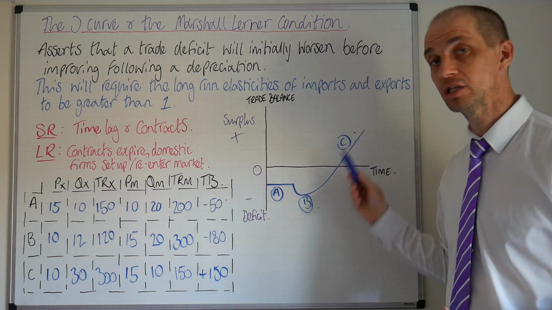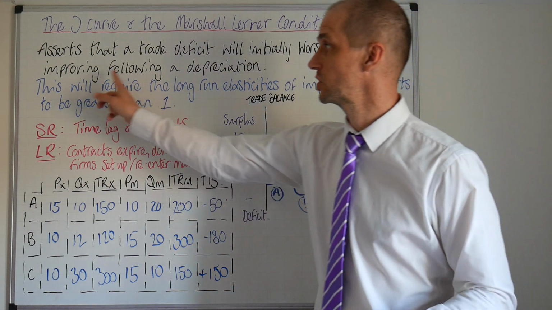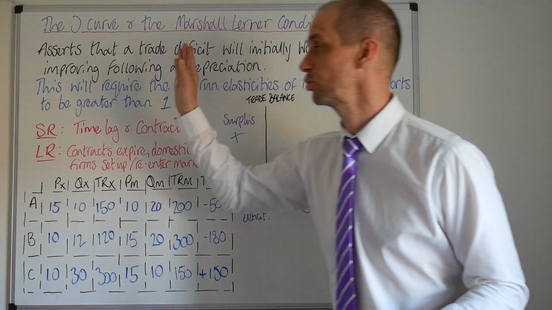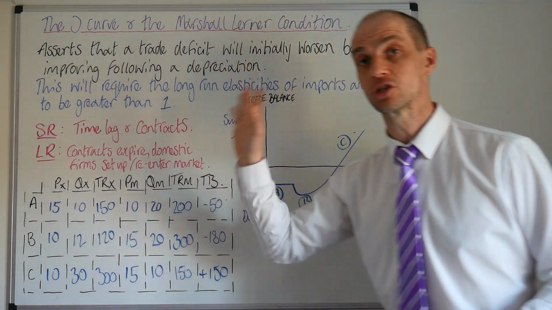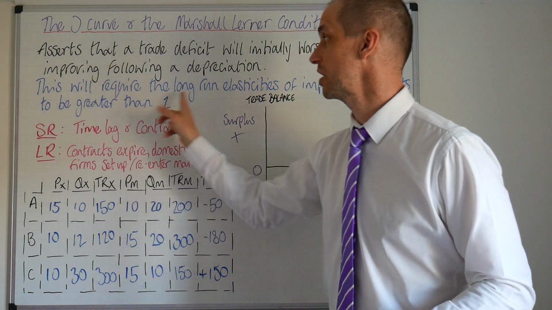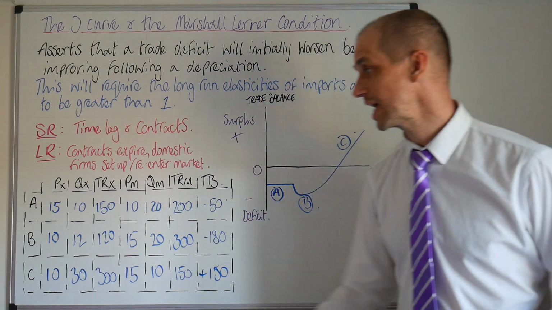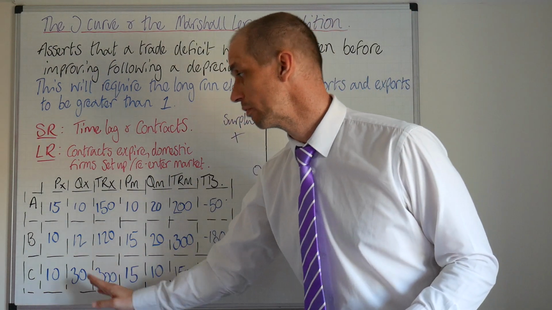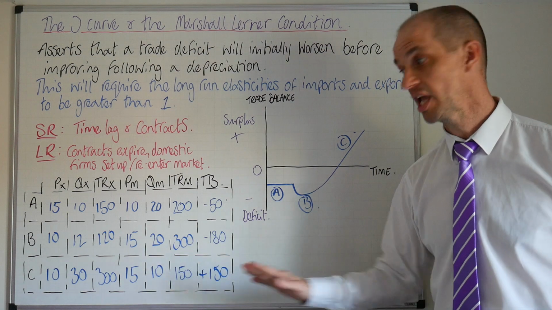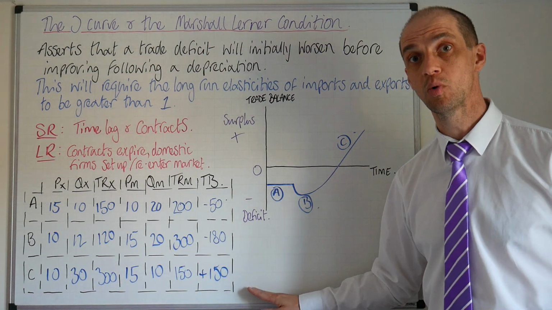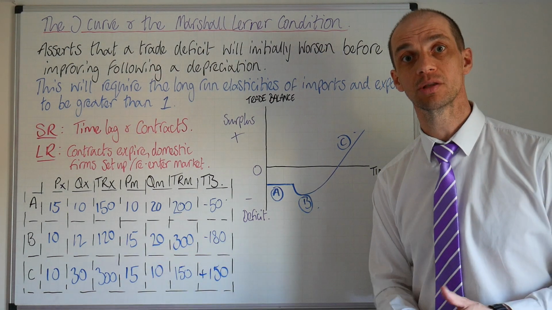Thus we reach point C because the Marshall-Lerner condition is upheld. So the sum total of the elasticities of demand for exports and imports now is greater than 1. Previously it was less than 1.